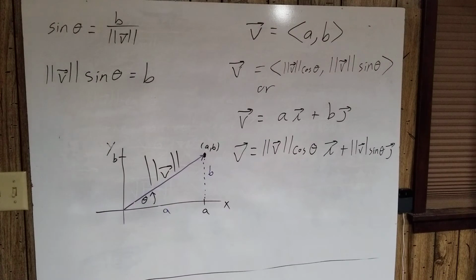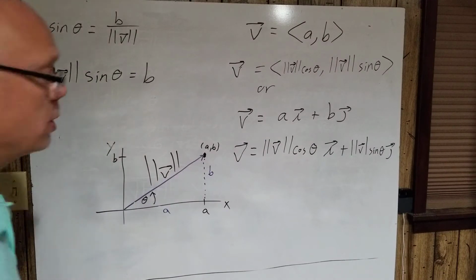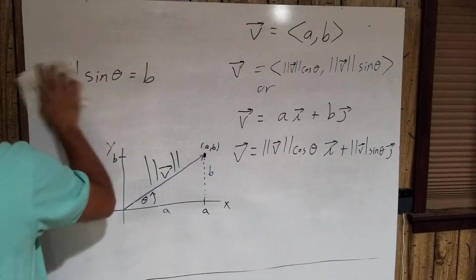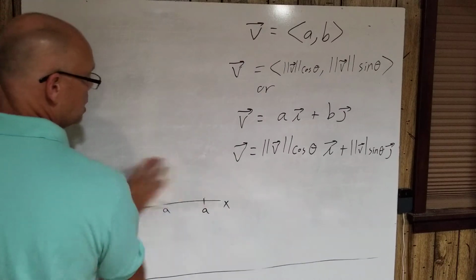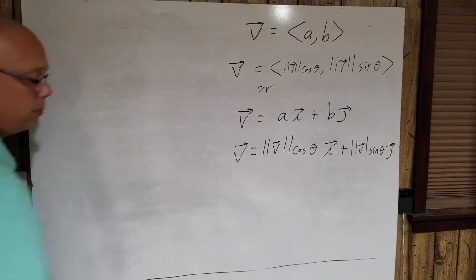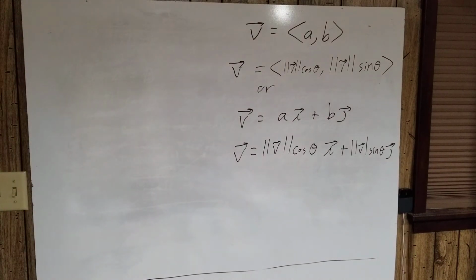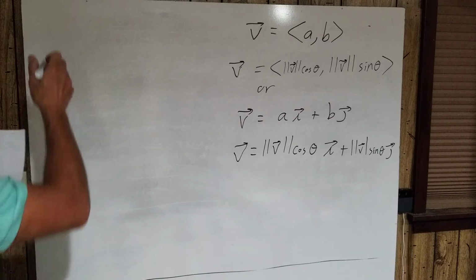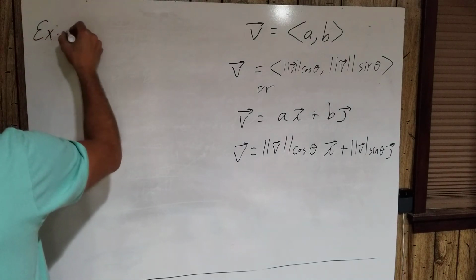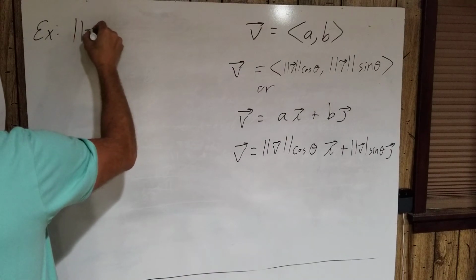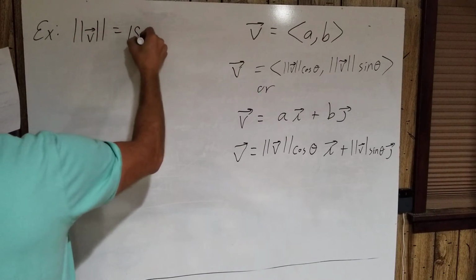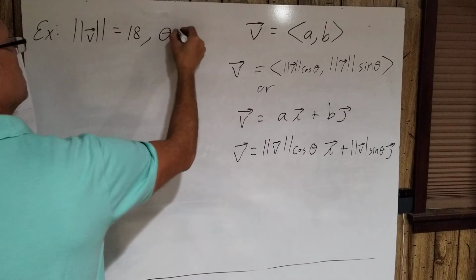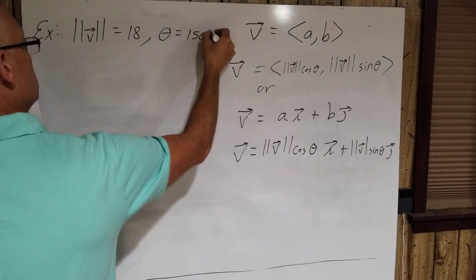All right, so think about that step, and we're going to use that for our homework problems that are going to look something like this. Look at your next example on the paper. What's your next example read? Write the vector v in the form ai plus bj. So our example, the magnitude of vector v is 18, and theta is equal to 150 degrees.